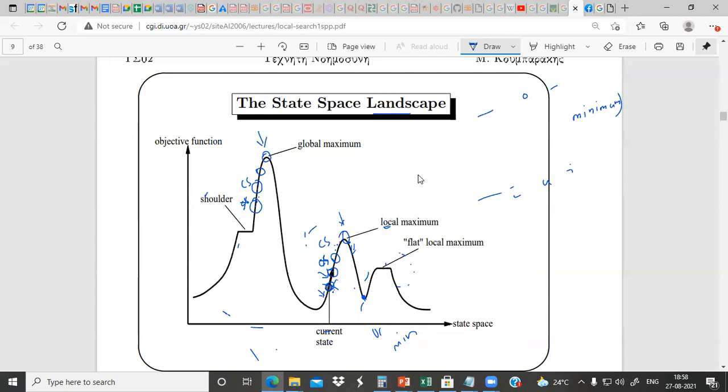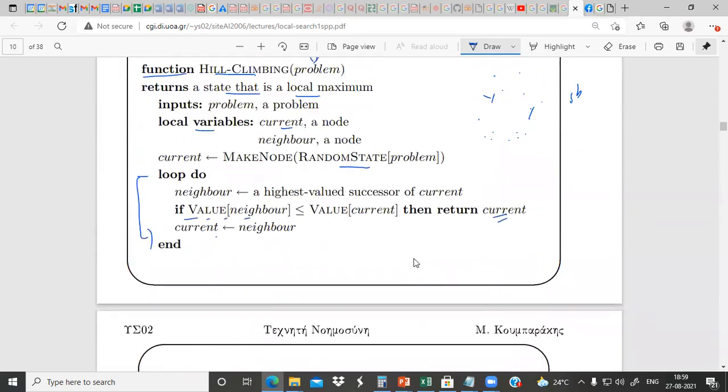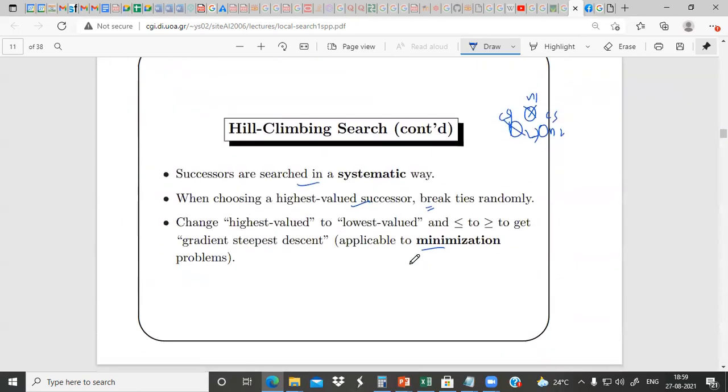For minimization, the logic is the same; it should always try to minimize the value instead of maximizing. So this is for minimization. For maximization, instead of less than or equal to, you make it greater than or equal to. For minimization we choose a neighbor whose value is less than the value of the current node. That's the difference.